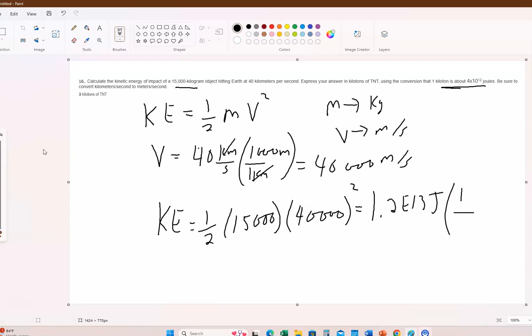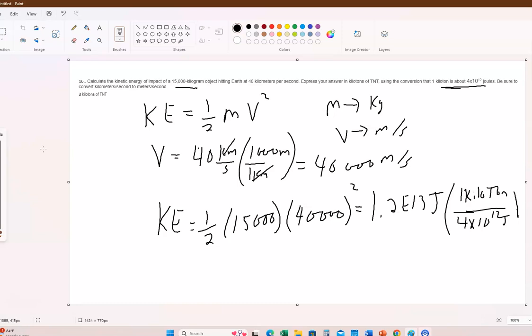Like if you had 1,000 tons of TNT, this unit was used a lot during World War II. So 1 kiloton of TNT is the equivalent of 4 times 10 to the 12th joules.